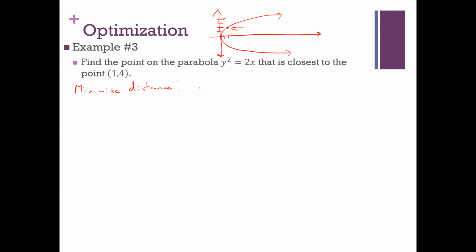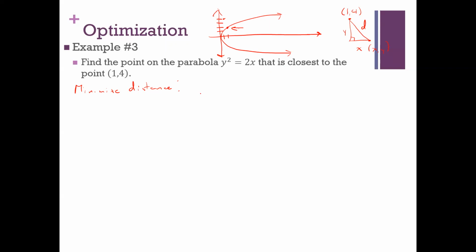So I'm going to start here. If I want to find the distance between 2 points, I'm going to zoom out of this picture a bit. This is 1, 4, right? This is my X, Y, my mystery point I'm trying to find. If I set this up like this, I really have some X distance and some Y distance.